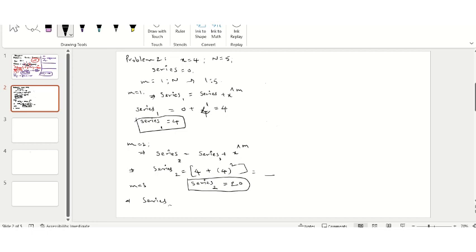Next, series 3 is equal to series 2 plus x to the power of m, means 3. So you will get series 3 is equal to, what is the value of series 2? 4 plus 4 square plus 4 cube. Okay, just simplify it.